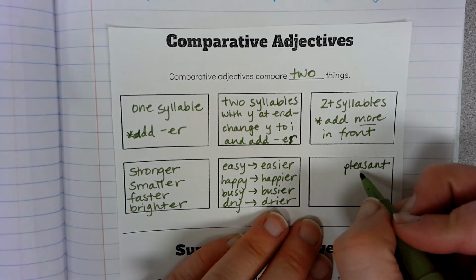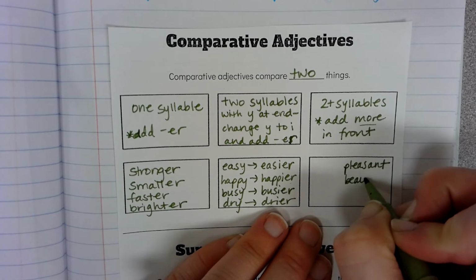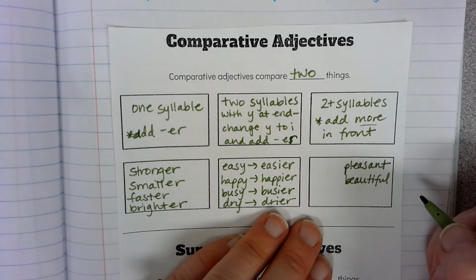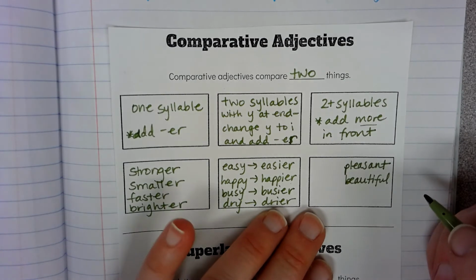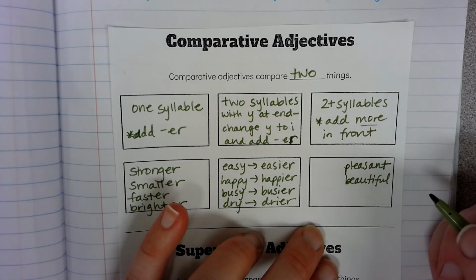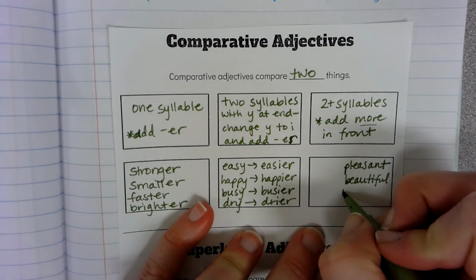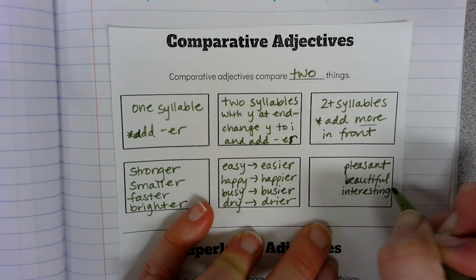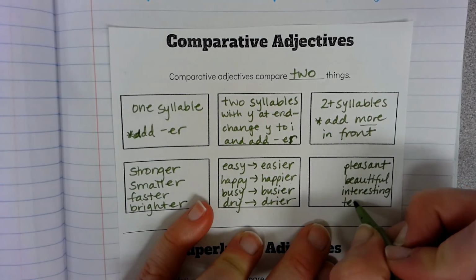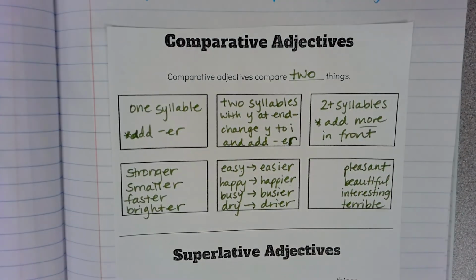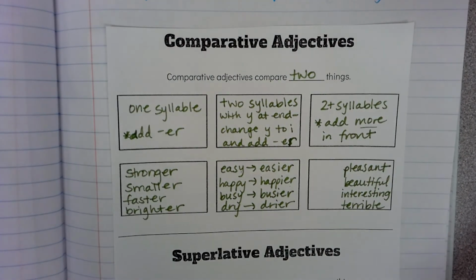In some of these words, we'll do beautiful, you'll notice you wouldn't add an ER or IER at the end, and it makes the word sound weird. You've never heard of it said that way. So if that's the case, a lot of times you'll know just to add more in front of it. Or if they have a different ending than the other rules here. But some of them, you're kind of going, all right, well, let's look at this.